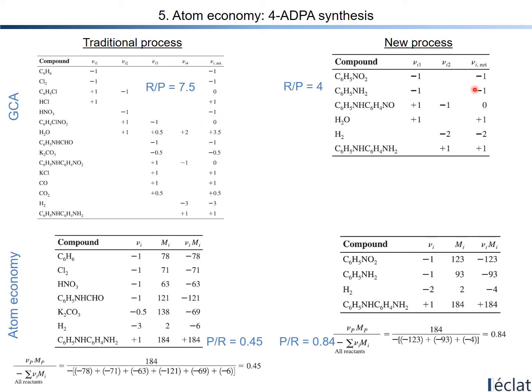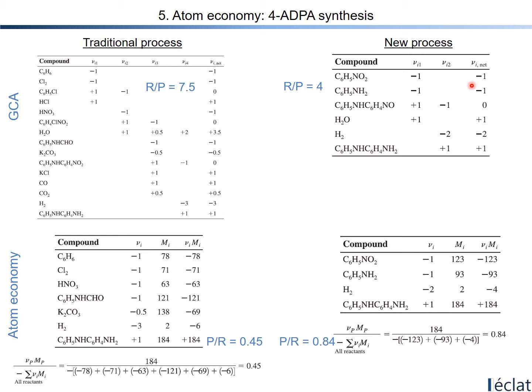Okay, how about the new process? The number of compounds is reduced to 6 compounds, and only 2 equations are there. Then the stoichiometric coefficients are here, and in the last column we can calculate another RP ratio. The final product is 1 mole. For making this 1 mole of final product, you need 1, 2, 3, 4 moles of reactants. So the RP ratio is 4.